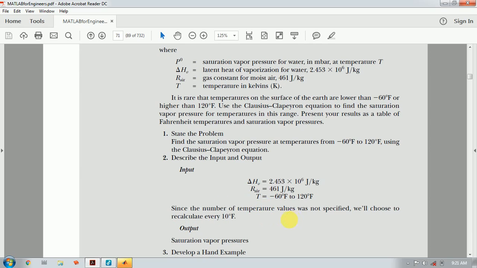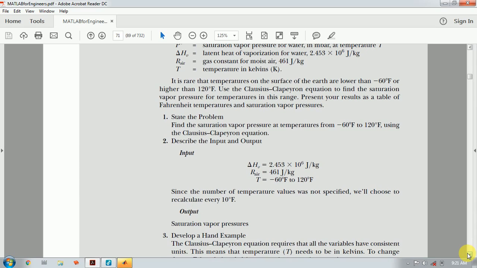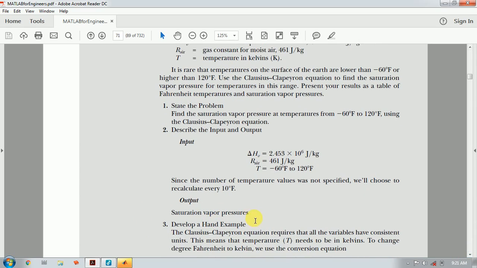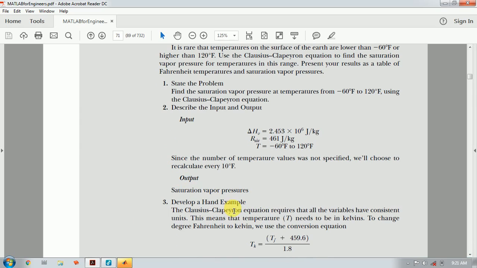Since the number of temperature values was not specified, we'll choose to calculate every 10 degrees Fahrenheit. Output: saturation vapor pressure. Next, develop a hand example.